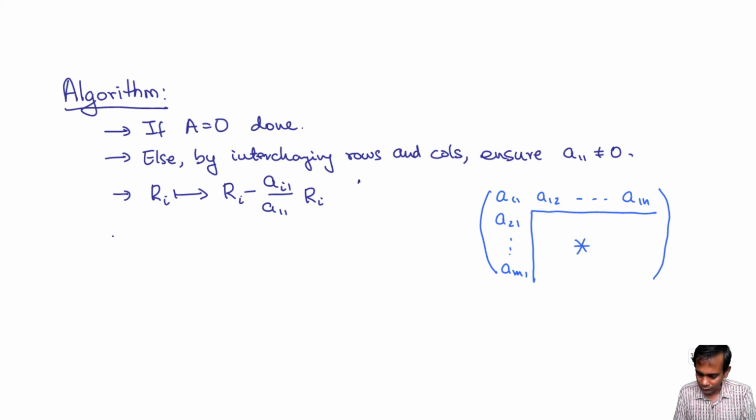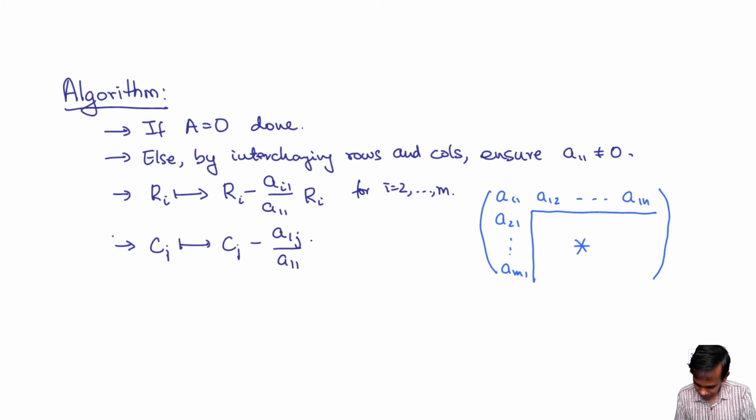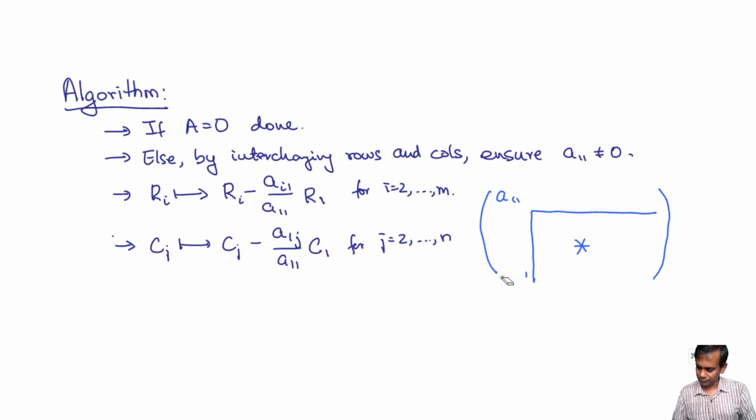And so you do this for i equals 2 to m, and then what you also do is Cj goes to Cj minus A1j by A11. Sorry, this should be R1 and this should be C1, for j goes from 2 to n. And so now what you've got is you've taken this matrix and you've made all these entries 0.